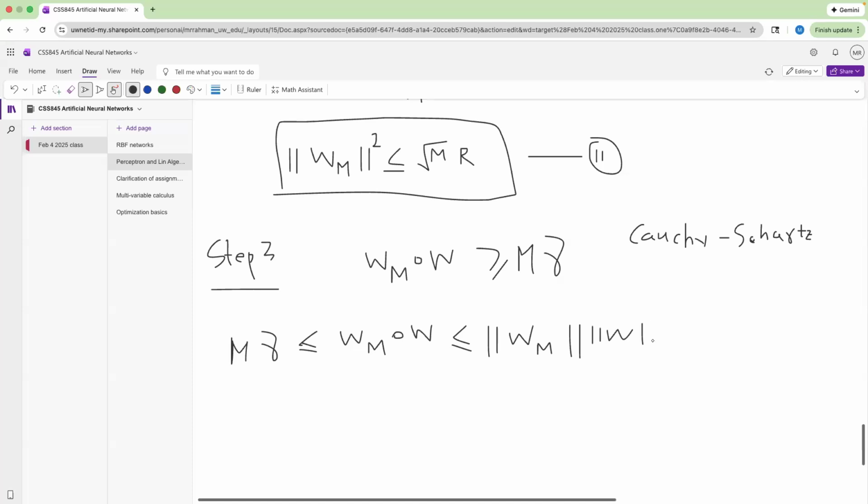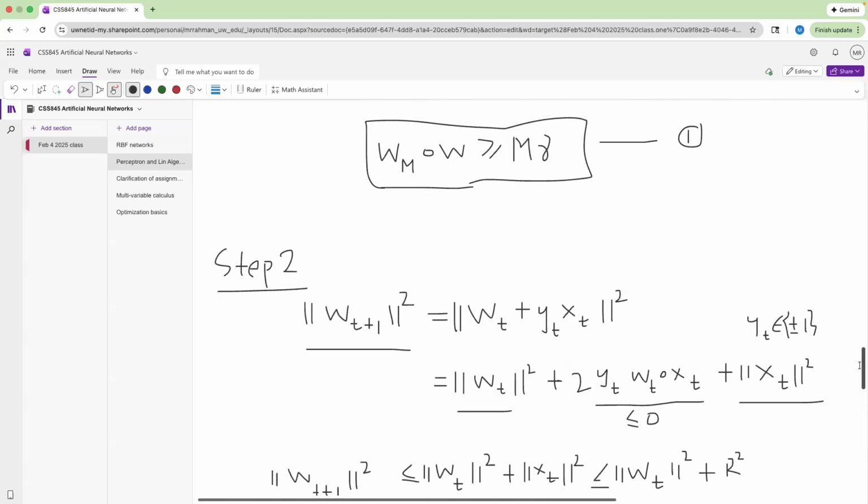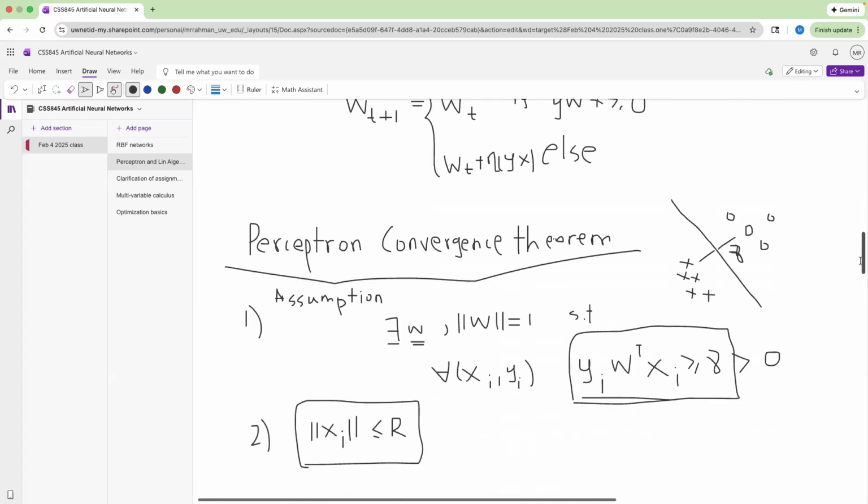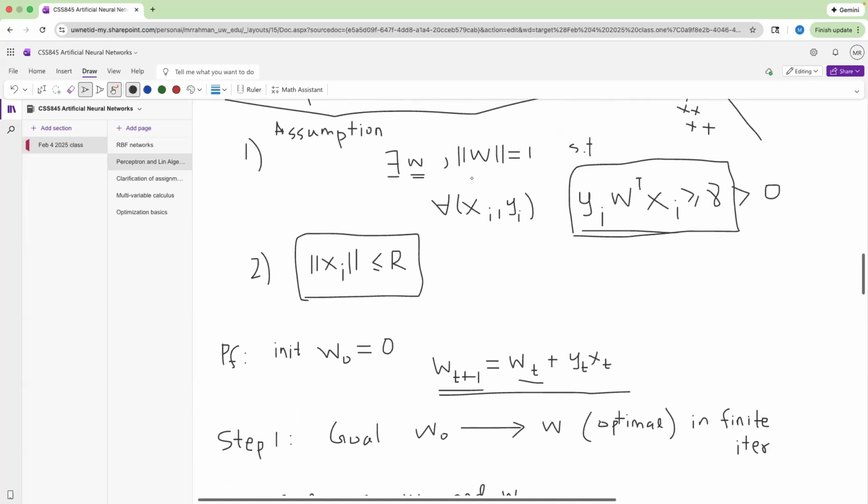Okay. And now what do we know about the norm of the optimal vector W? Do we have any information on this? Anyone remember anything about this? This was an assumption, right? We assume that it's a unit norm vector, so we can use that here.